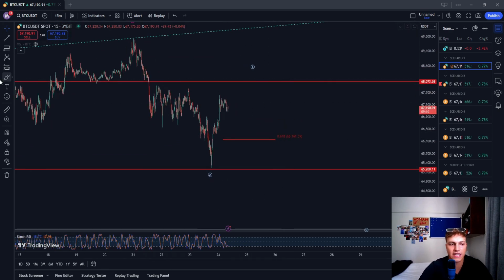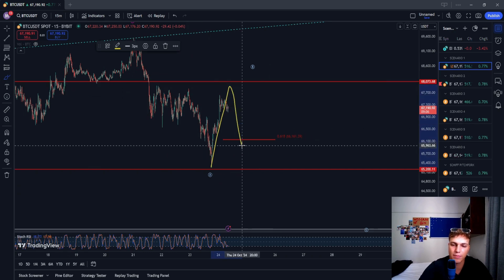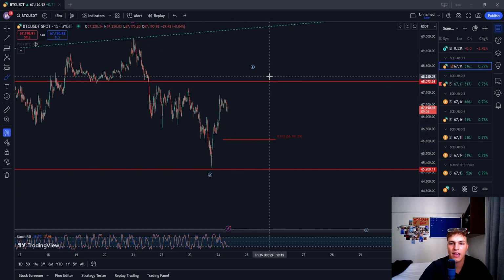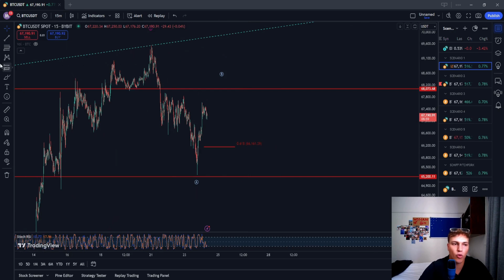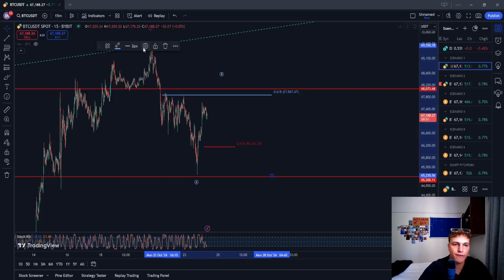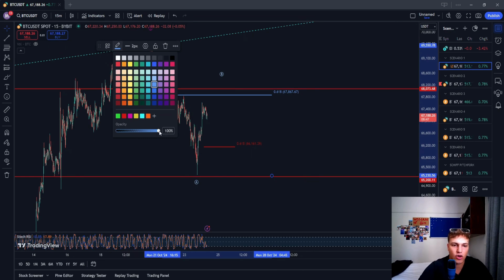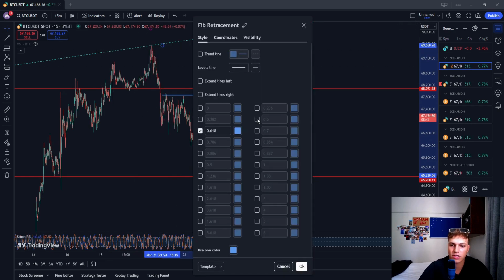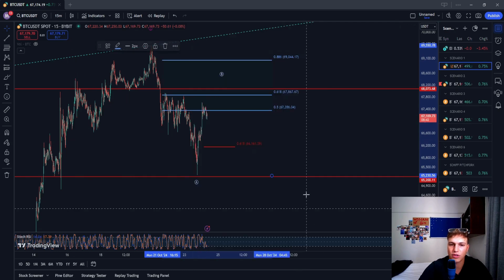We do want to see the 618 get touched as this wave A is finished, B coming down, C going up into this price region here. To measure out that price region for wave B, we have the target of 0.5 to 0.886 on the chart. Let's mark it here, 0.5 to 0.886.